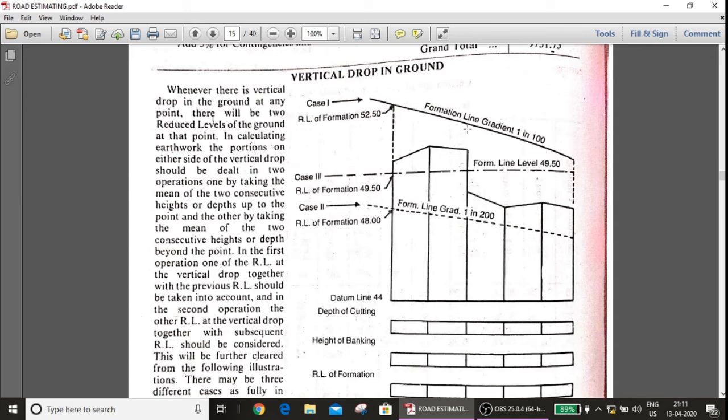See the figure here. This is the ground level, here is the sudden drop, then again the ground continues. If we experience this sudden drop, what do we have to do? There is a procedure for this type of problem also.